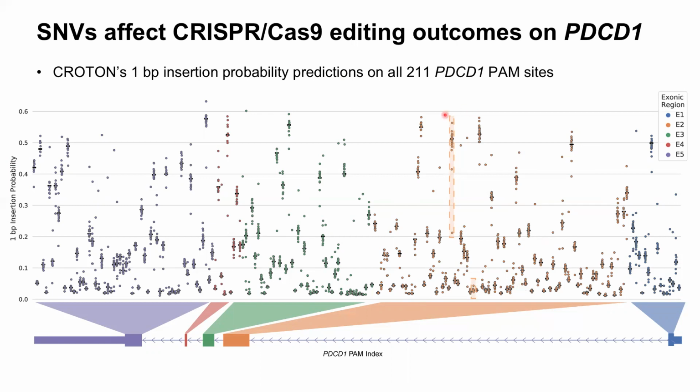In addition, for this guide RNA utilized in that clinical trial, there is a single nucleotide variant that seems to have a substantial effect on its editing outcomes. So future studies may reveal whether there are better guide RNA pairs than those utilized in that clinical trial that would be more effective for CRISPR-Cas9 editing and more consistent over a patient population.